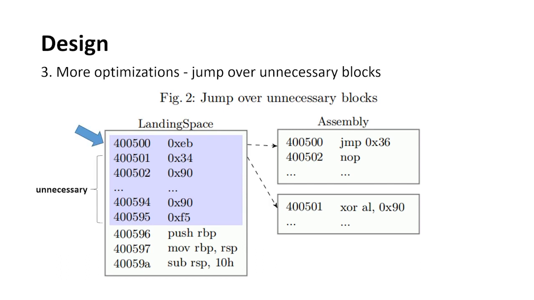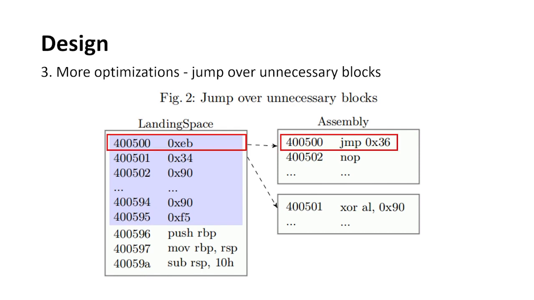If the control flow lands at an early address in the landing space, suppose the first one in this example, it will have to execute all the remaining instructions to reach the start of the original function, which should be considered unnecessary. To handle this problem, we modify some 1-byte instructions to 2-byte jump instructions.